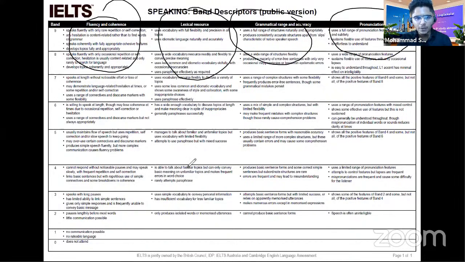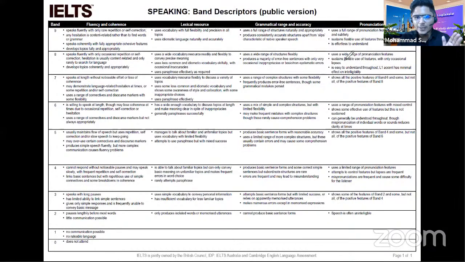This part on connectors comes under fluency and coherence. What is the agenda here, what are we trying to fulfill? How do we speak at length? How do we speak in a manner that is easily understandable for the other person? That's the agenda.